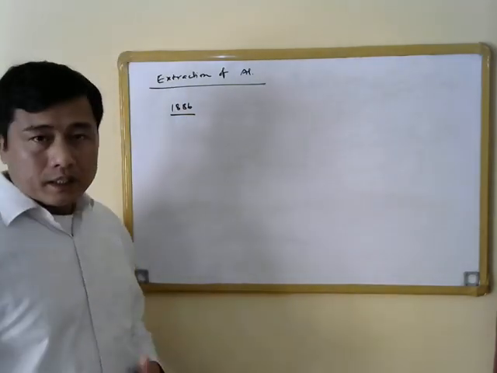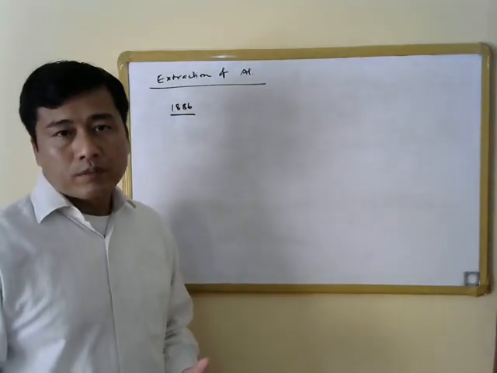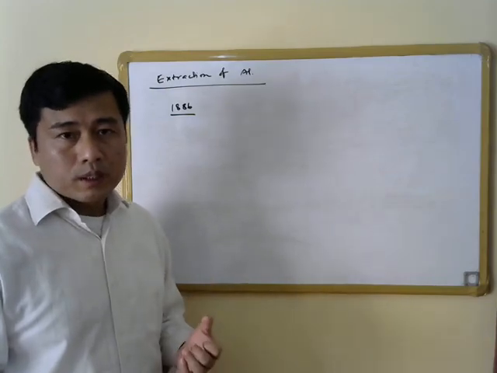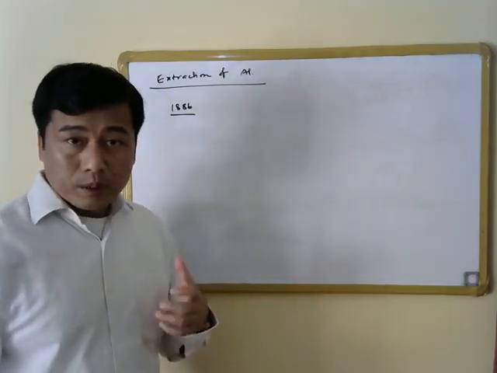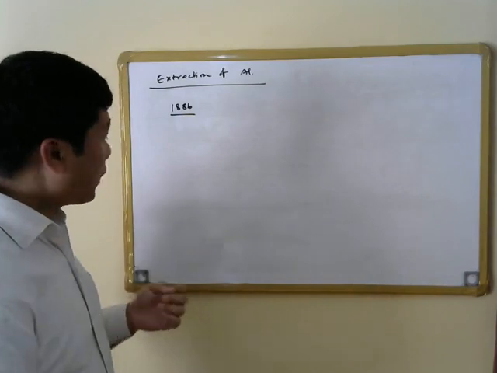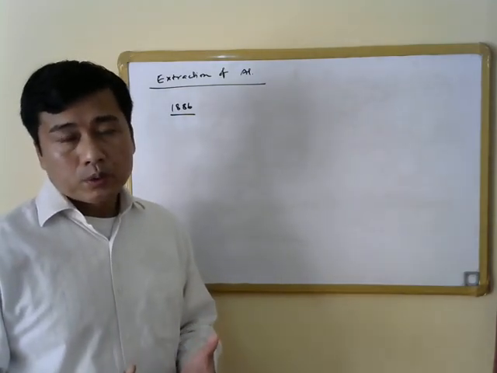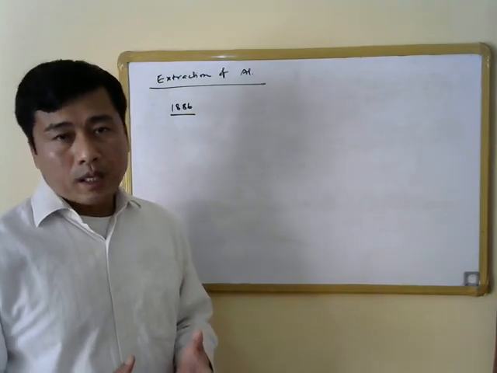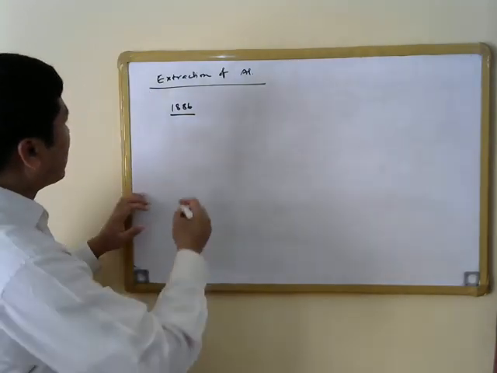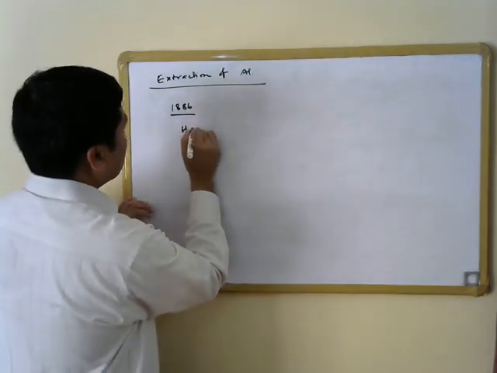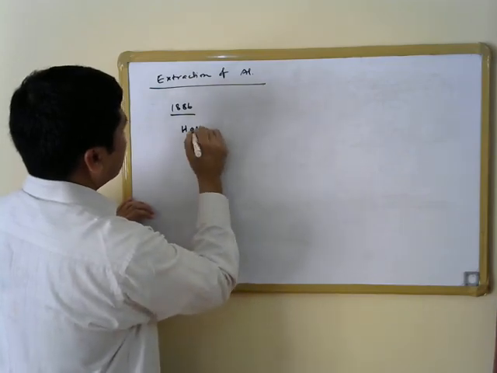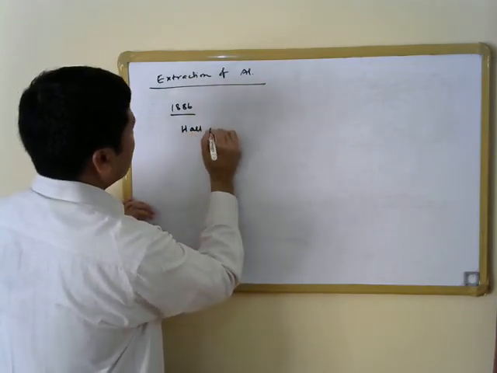Then in 1886 such a discovery was made that the price of aluminium came down drastically, and now it is a very cheap metal that is used in many applications.